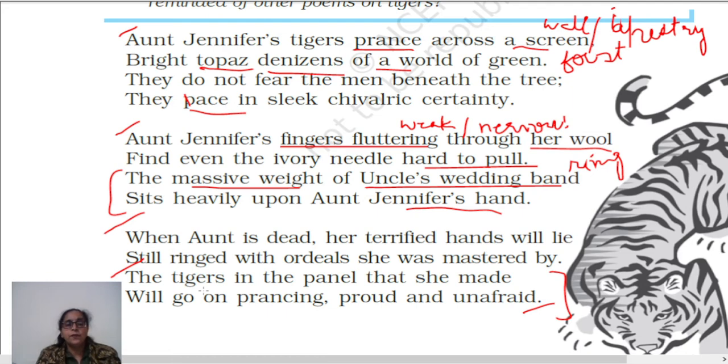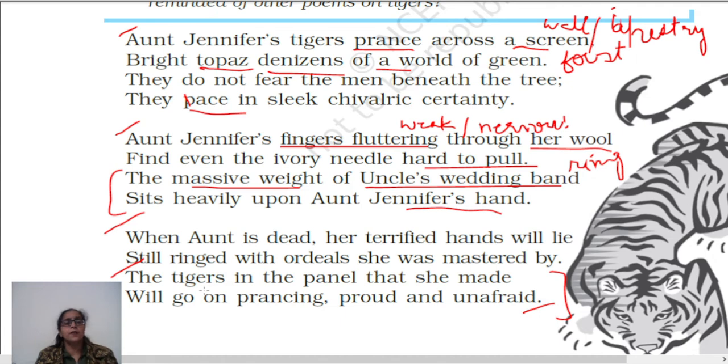In the form of a tiger that she is making in the work of art on the screen, she is embroidering with the wool, also represents that she wants to be fearless like a tiger. There is an opposite character between the tiger and Aunt Jennifer. Aunt Jennifer is submissive. The tiger is fearless.